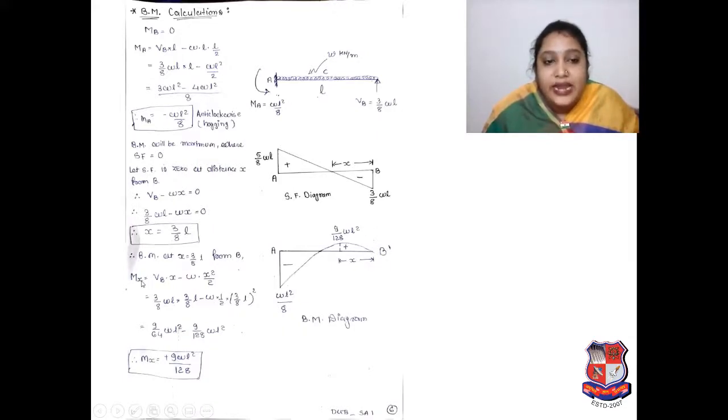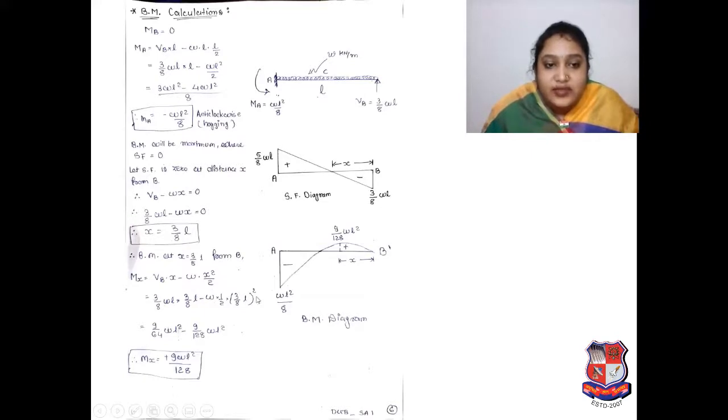So moment at x will be VB into x minus WX square by 2. For VB, 3 by 8 WL into x, what is that? 3 by 8 into L, minus W into 1/2 x square by 2, means your 3 by 8 L whole square.